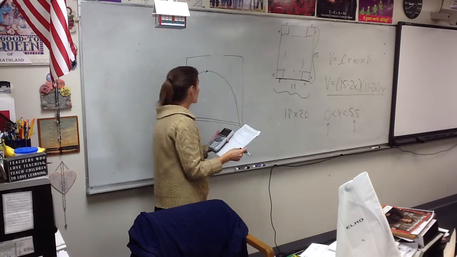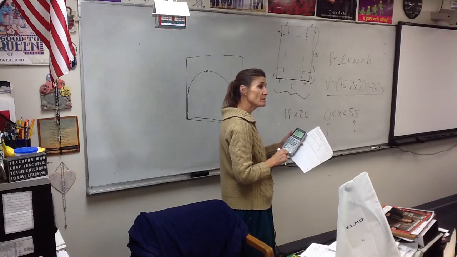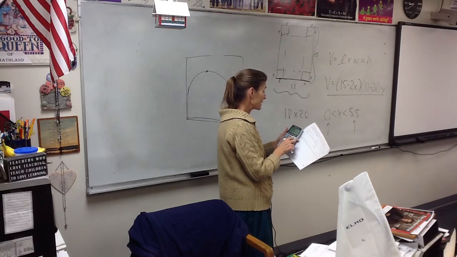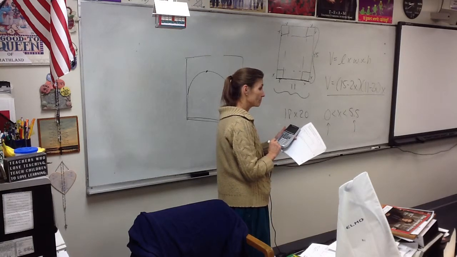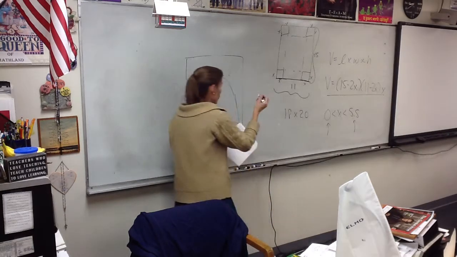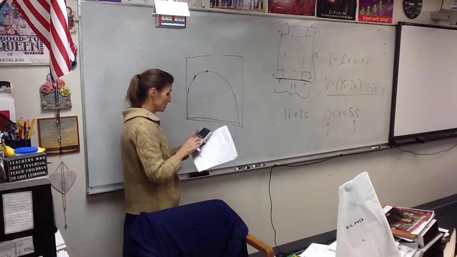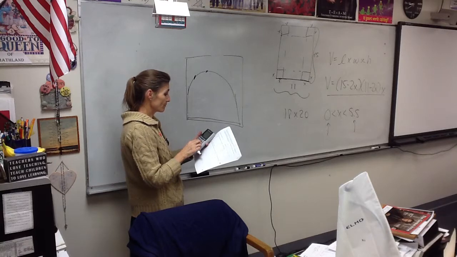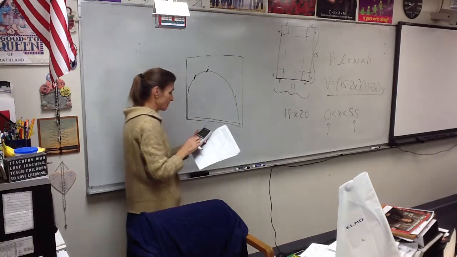Okay? So I go to second calc. Remember doing this? Then I click down to maximum. Did your cursor come on? You see that little flashing thing? Move it over here somewhere, anywhere, just so it's somewhere to the left of this point.